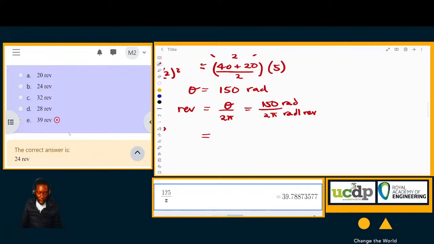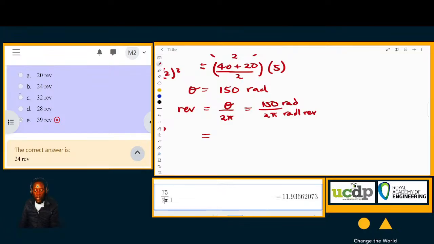150 over 2 pi. Oh, 75. Why did I say 125? Sorry. 150 over 2 pi. This is overexcitement, so you have to be careful and not fall into the same trap. This is 150 over 2 pi. Why did I even want to reduce this? 150 over 2 pi is 24, yes, 23.8. Or otherwise it's 75 over pi. So I divided 150 by 2, then I don't know why I said 125, sorry guys.